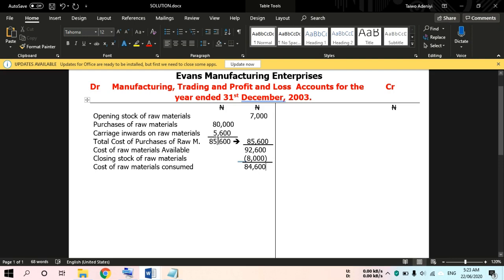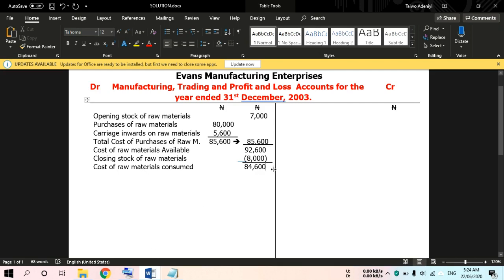This 85,600 naira will be transferred to the column where you have the opening stock of raw materials to be added to it, which will give us 92,600 naira, representing the cost of raw materials available. And then you look for the closing stock of raw materials given in the question. You subtract the 8,000 naira from the 92,600 naira to get 84,600 naira, representing the cost of raw materials consumed.